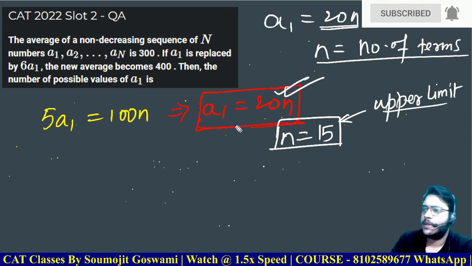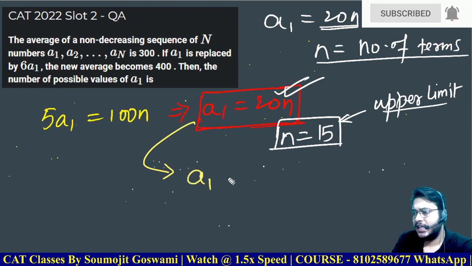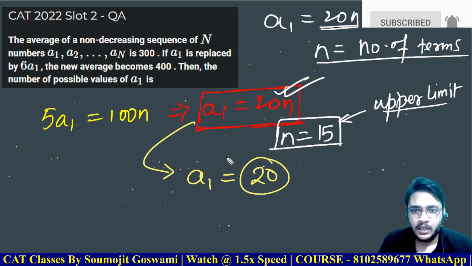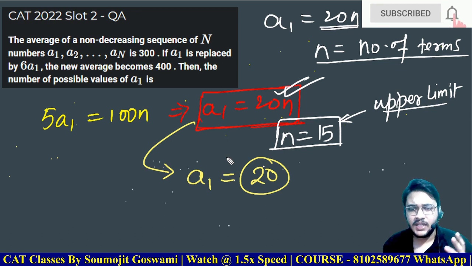So this one I'm substituting for n equal to 1 term. If n equals 1, the first term is 20. Now think about it. If there is only one term, that is 20. How can the average be 300? There is only one term. The average will be 20 only.